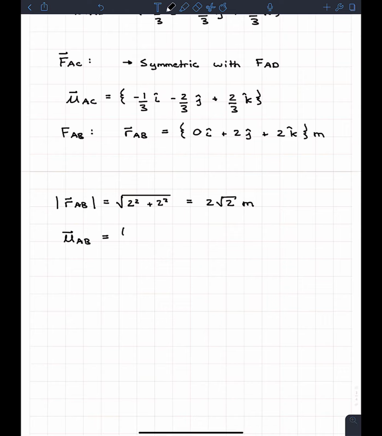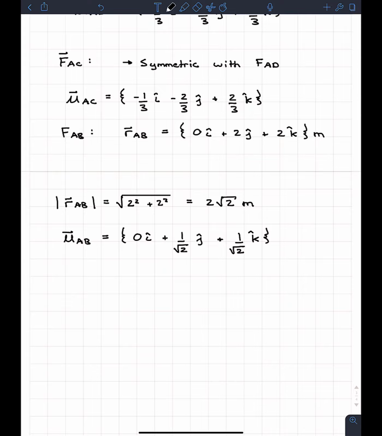So for this one, we put the brackets. Well, it's still going to be 0I and then plus 1 over root 2 in the J, and then plus 1 over root 2 in the K.